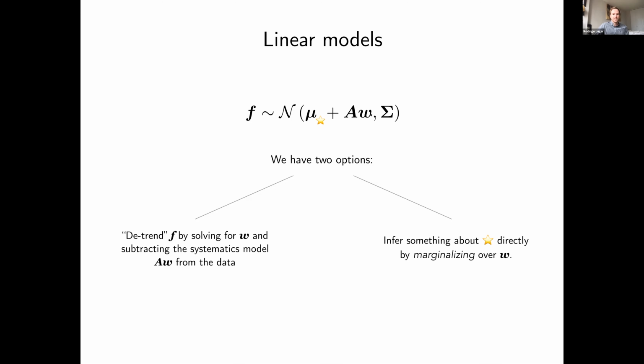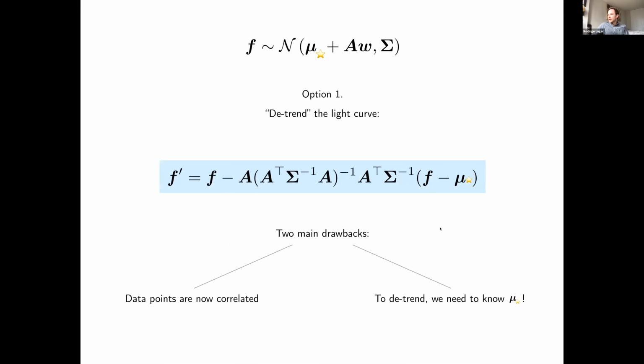And so one option is to find the best solution for w, subtract it off and get a detrended light curve, or to marginalize over the unknown systematics, to actually treat it as a nuisance parameter and take the Bayesian approach of: I have a prior on what these should be, I'm going to marginalize or integrate over them.